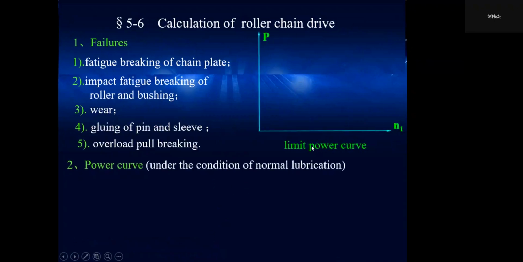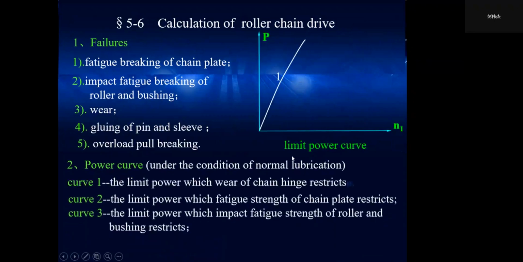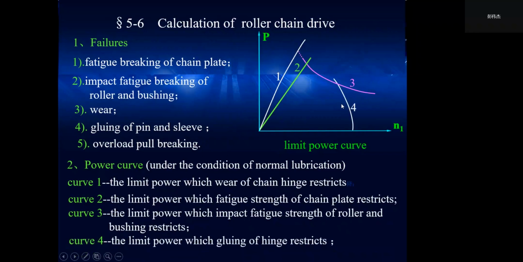And then we draw a limit curve. Curve 1 indicates fatigue breaking of the chain plate, curve 2 indicates the impact breaking of roller and bushing, curve 3 indicates the wear, and curve 4 is the limit power restricted by gluing of the joint.